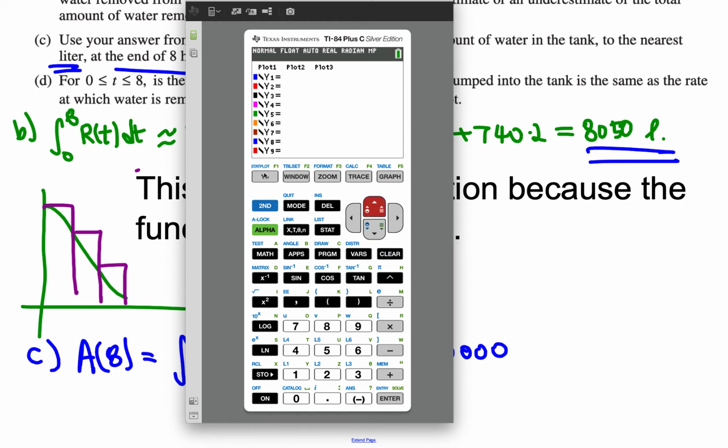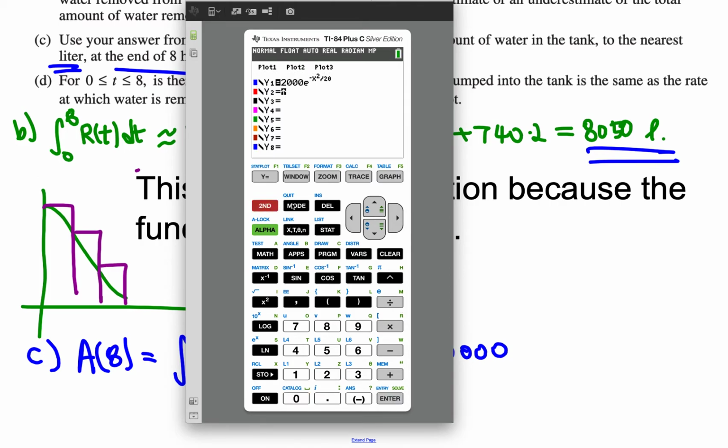So what I end up getting is 2,000 times e to the negative x squared over 20. All right, that's the function.